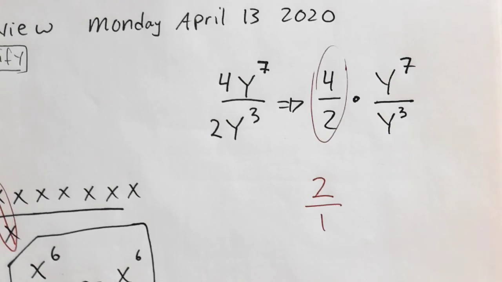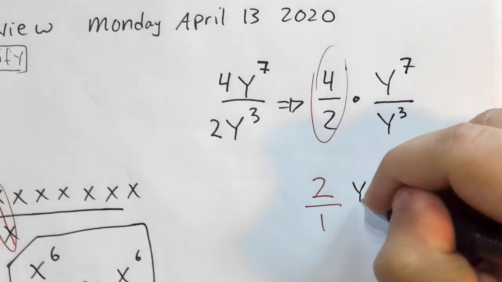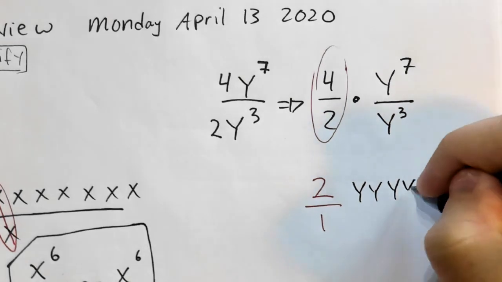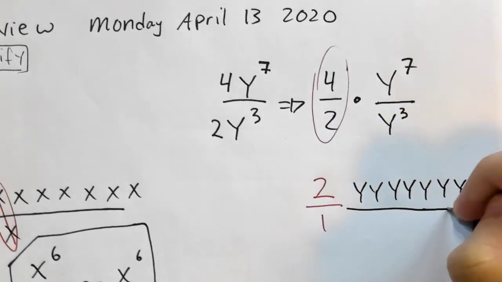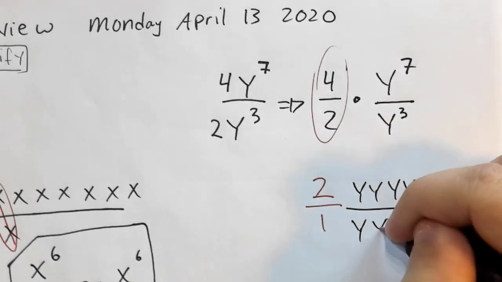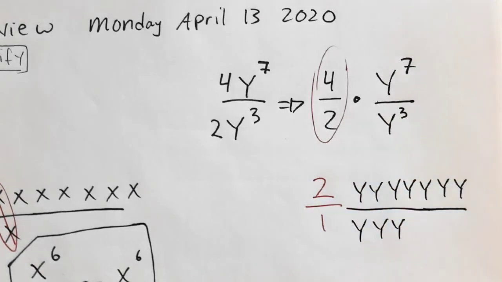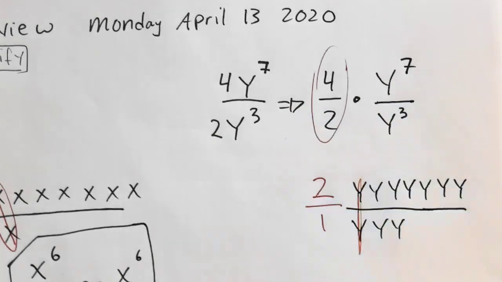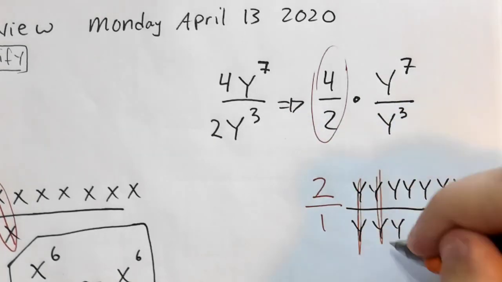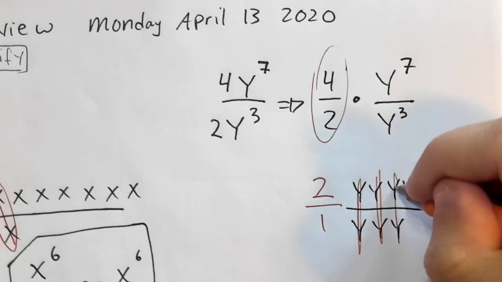And we can do our trick with the y's and say we got 7: 1, 2, 3, 4, 5, 6, 7, over 3: 1, 2, 3. Well, what do we got? That y and that y will cancel. This y and this y will cancel. This y and this y will cancel.